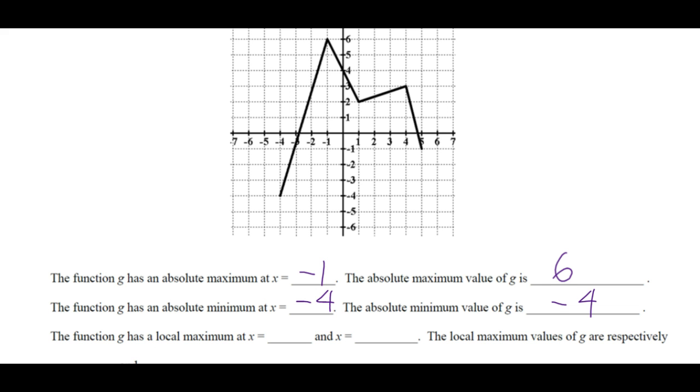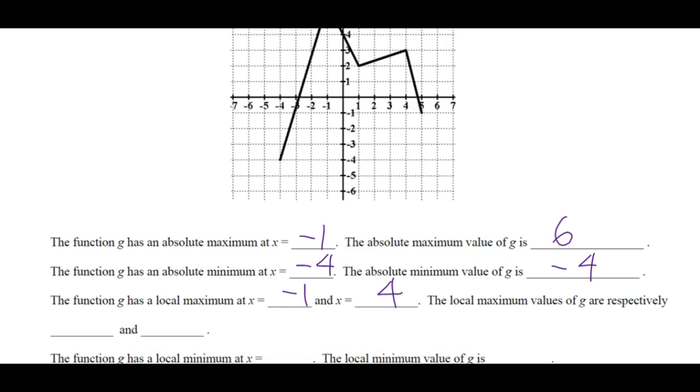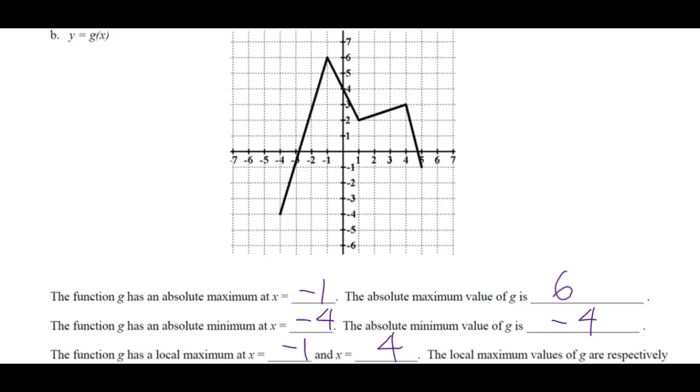The function g has a local maximum at x equals -1 and x equals 4. And the local maximums respectively are 6 and 3.